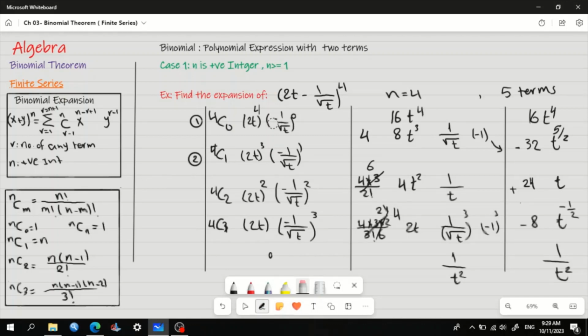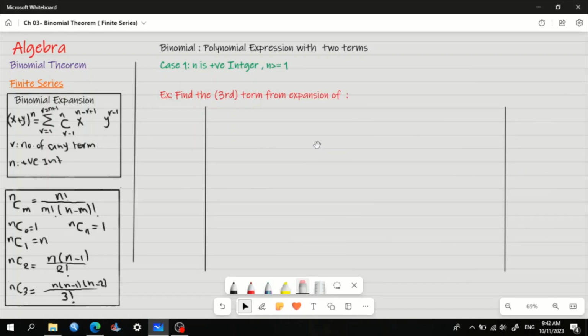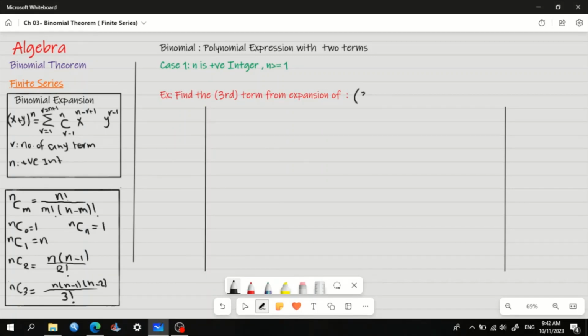Okay, let's move to next example here. In this example we want to find the third term from the expansion of 3x minus 1 by 6 cubic y to the power 6.